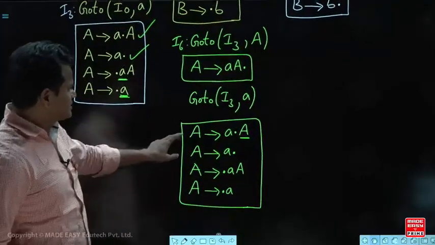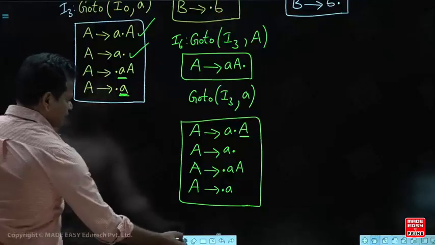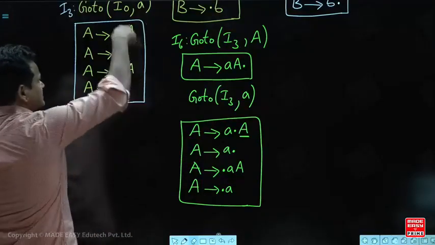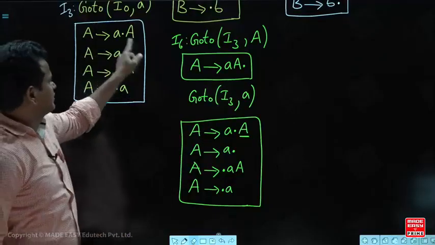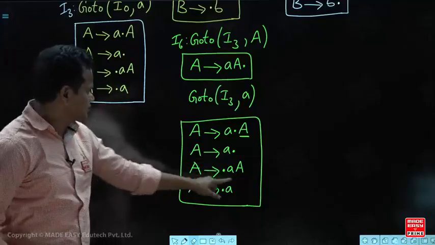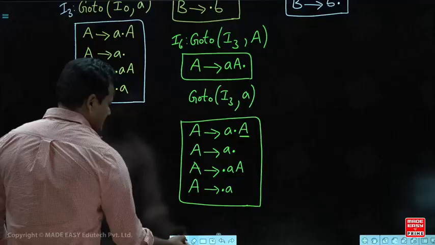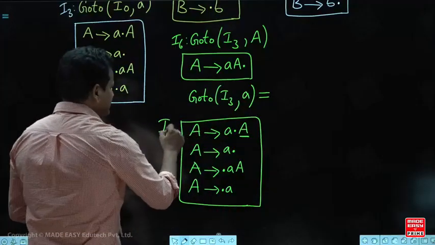Look at what we have. Do we have the same here also? Whatever the productions in this state, are this and this the same or not? Exactly. A dash to A dot A here also, A dash to A dot here also, A dash to dot A here also, everything is the same. Whenever everything is the same, then don't give the new name as I7.